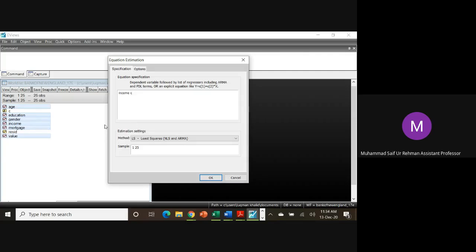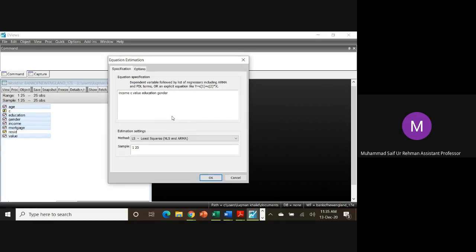C, the constant, and there comes value. So write down value, double click on value, give space. The third variable is education. So write down education, space, and then write down gender. So gender is there.